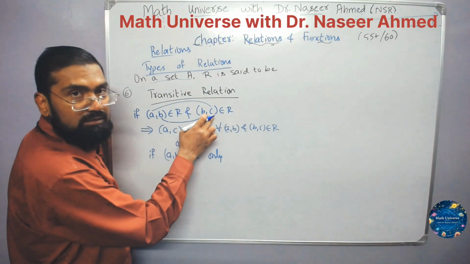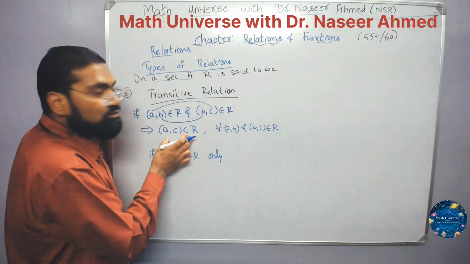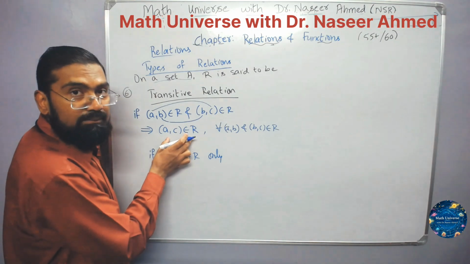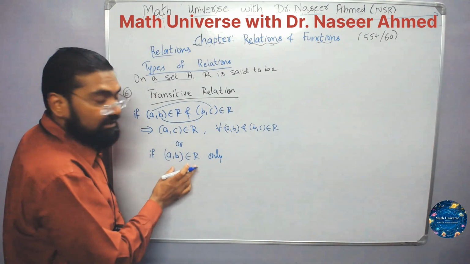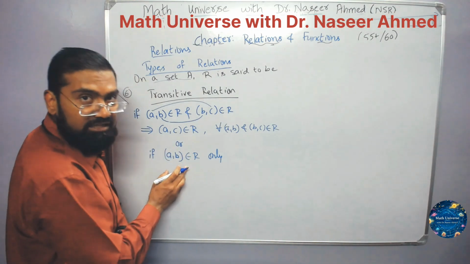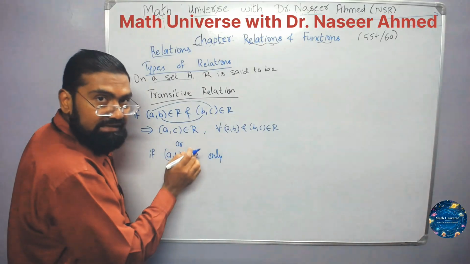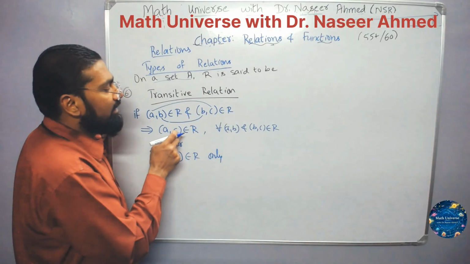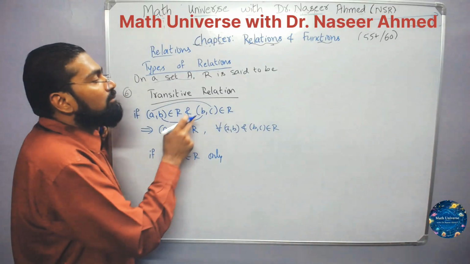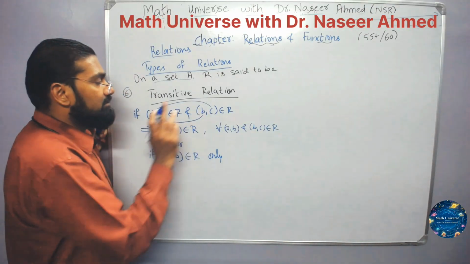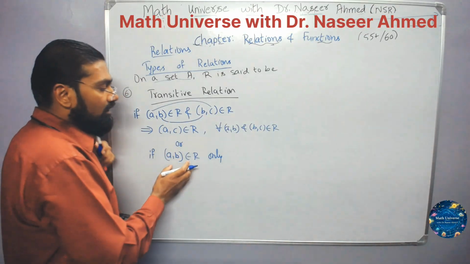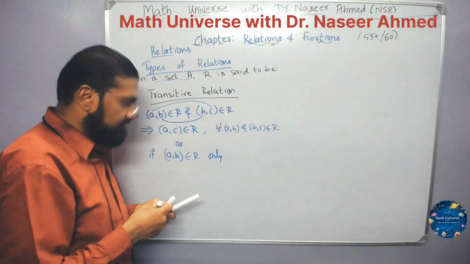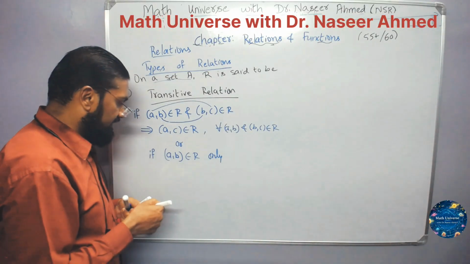Since the second ordered pair is not there, you're not going to be in search of (A, C). Then it is again transitive because you don't have anything to deny this. I hope this point is clear. You're coming to (A, C) provided (B, C) is there. Since (B, C) is not there, if you have only the first ordered pair, then it is transitive.